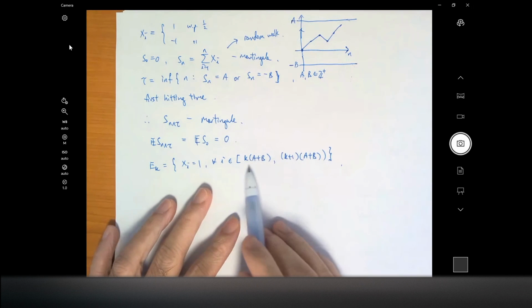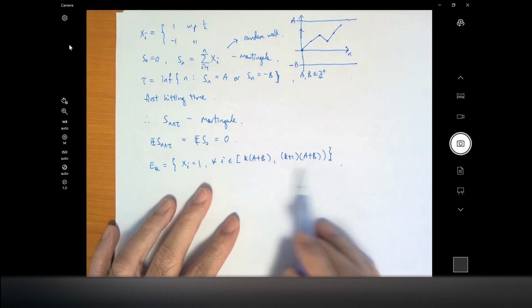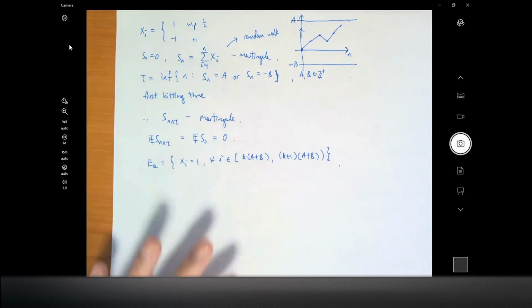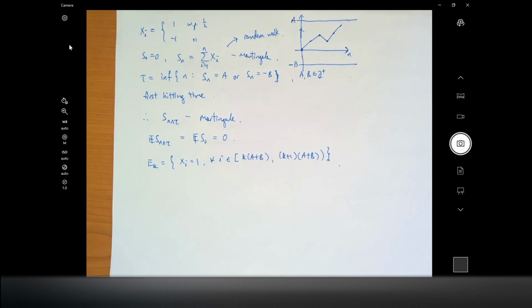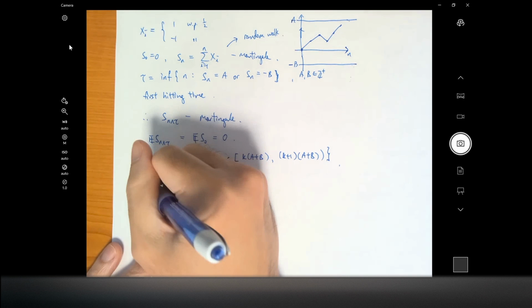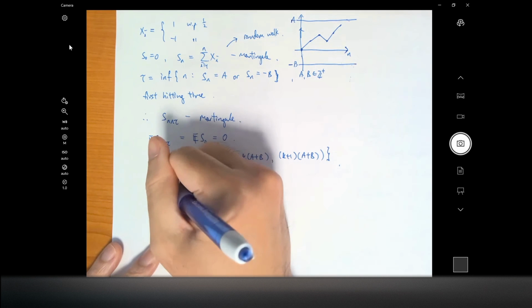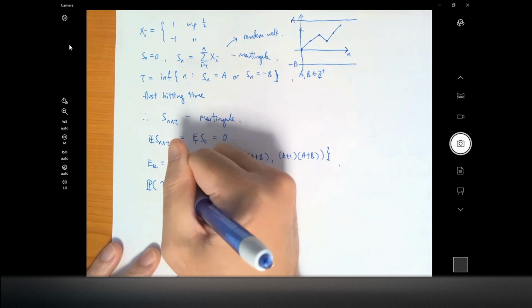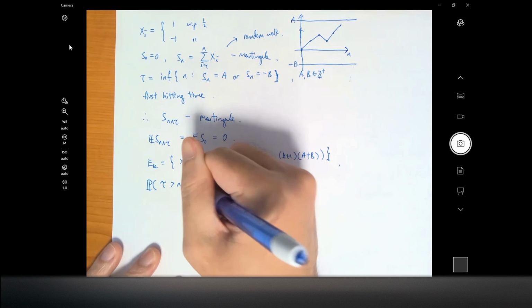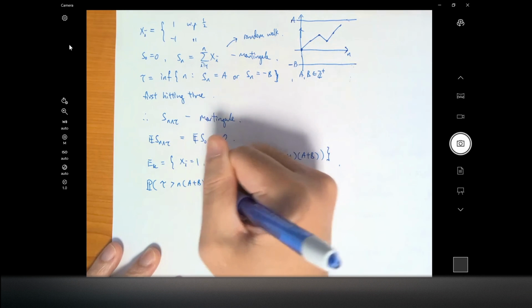Note that all these intervals are disjoint, and my Xi's are all independent. So each of these Ek events are independent events. So we can compute the probability that my tau is bigger than n times (A+B).